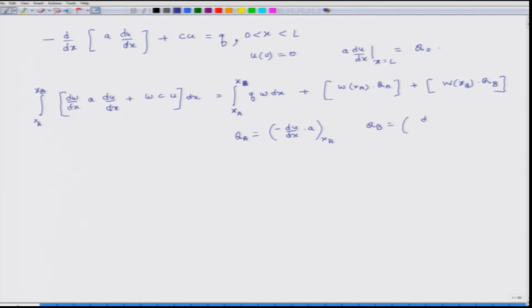So, it is du over dx times a evaluated at xb. So, this is the weak form, and it is the weak form at element level.